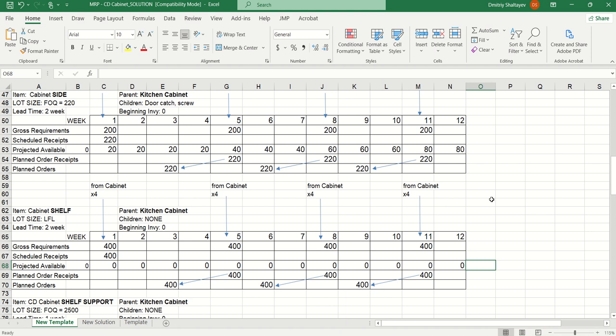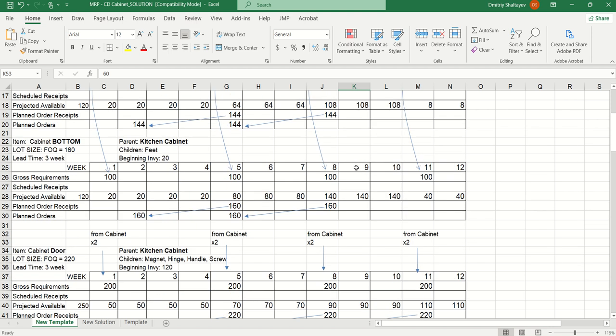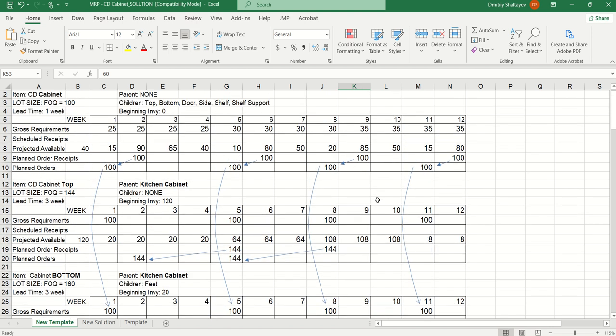So this is kind of like an unusual item, right? All the other items that we had, which are not LFL, not lot for lot, we accumulate inventory, right? We receive standard batches, inventory accumulates. Every once in a while, we actually use the accumulated inventory, like it was right here, right?